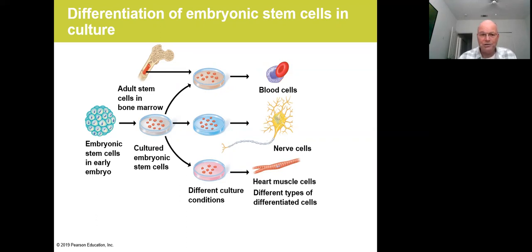This has been done in rats. So we know this technology, or at least the idea, has merit because we can do it in rats. It's not been done in humans yet. But we also know that embryonic stem cells can follow the same pathway, these separate pathways.